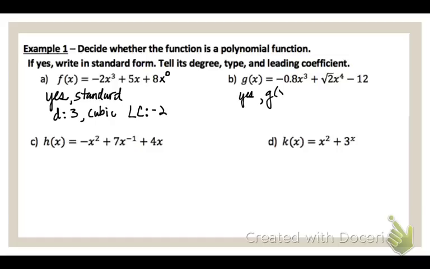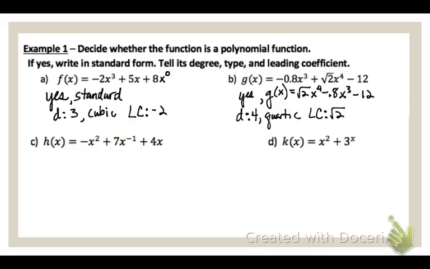So we're going to start with that highest exponent term and put that first. The sign in front goes with it, so the square root of 2x to the 4th minus 8/10 x cubed minus 12. So now we can easily see that this is degree 4, which is a quartic, if you remember, and the leading coefficient is the positive square root of 2.